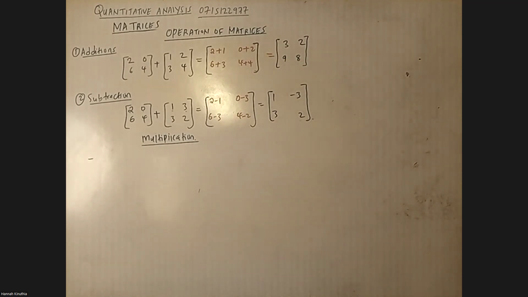A matrix can only be multiplied if the number of columns in the first matrix is equal to the number of rows in the second matrix. That is the first rule you need to know.